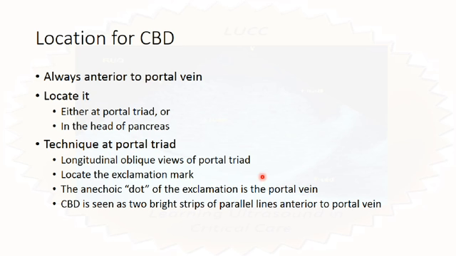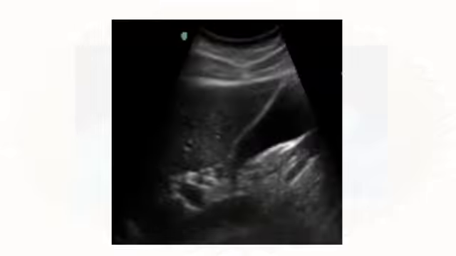The biggest structure in that portal triad is the portal vein, which is roughly about 50% bigger than the other two structures. If you identify the portal vein, then you search for the CBD in the form of two parallel lines. They are bright strips of parallel lines that are anterior to the portal vein. Okay, so you get the exclamation mark like this.